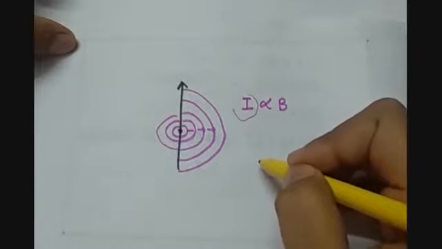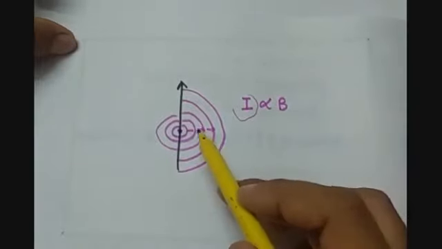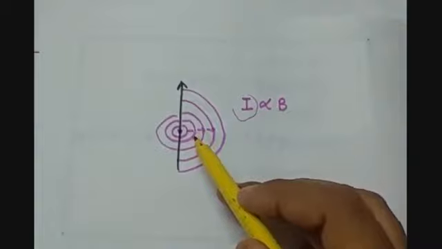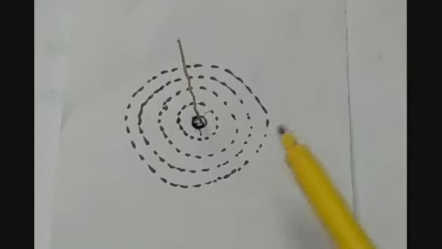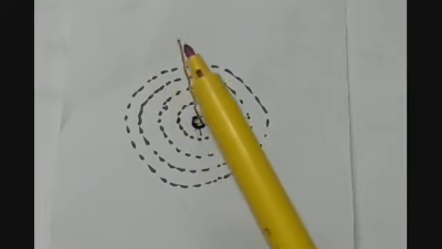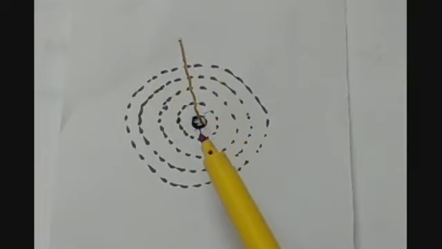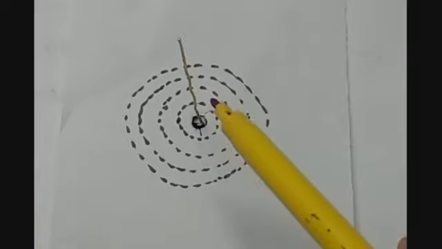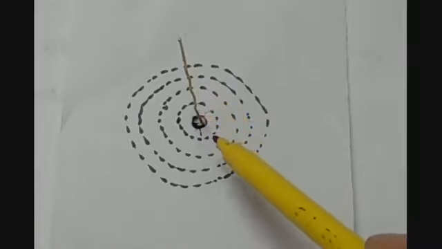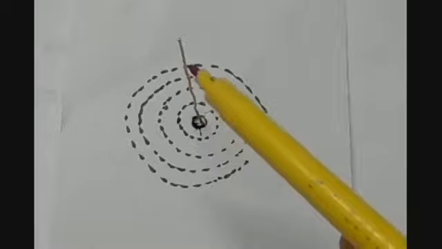So let me show you how this straight conductor has concentric circles around it. As you can see here, we have the straight conductor which has current in it. Here I am showing you the conductor only, but let us suppose that current is flowing from down towards the upside.